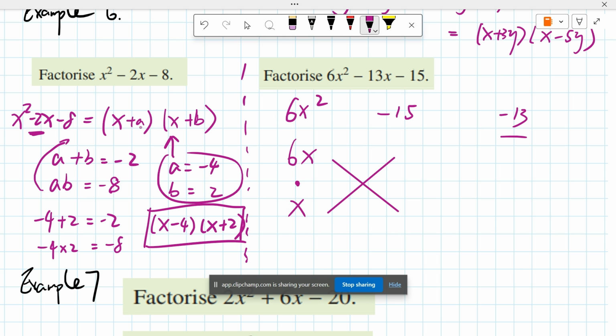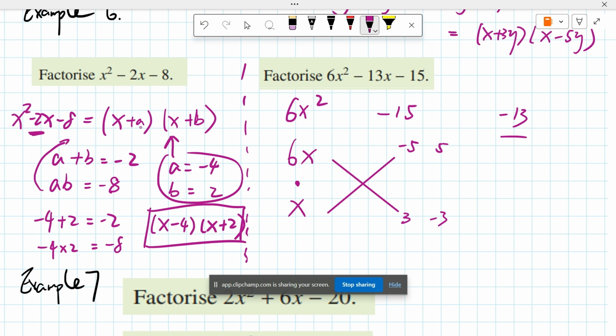Let's think about this one. Can we just say we have minus 5 and 3, or 5 and minus 3, right? Does that make sense? So either of those two.